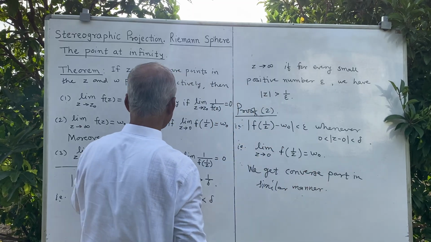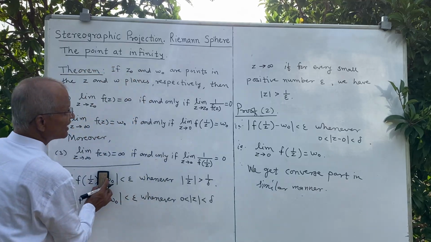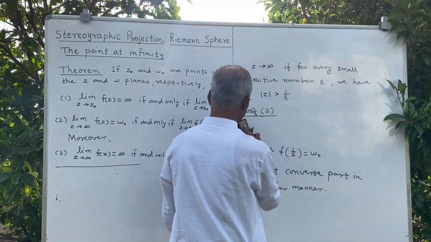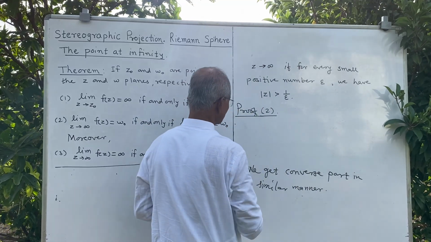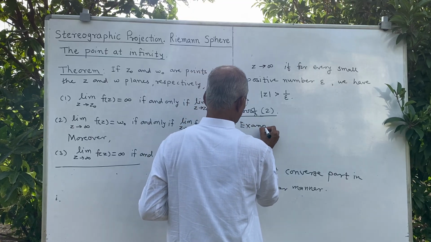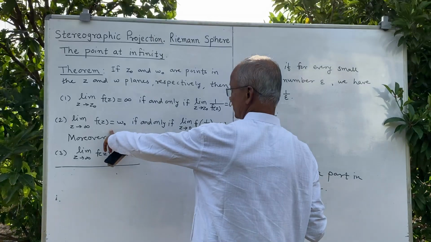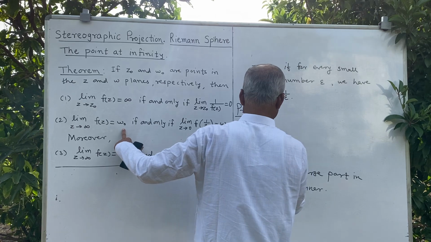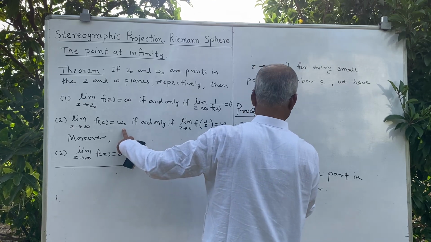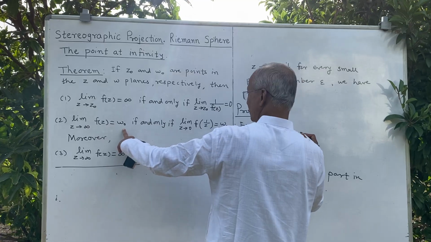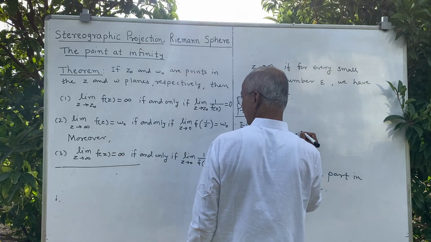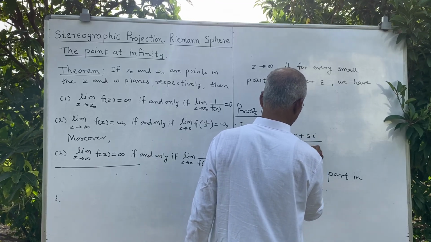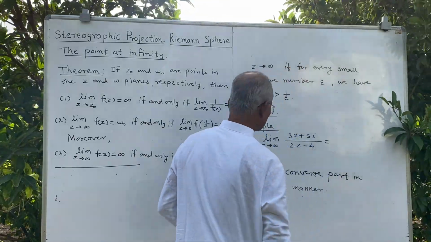And now we will have one example of this second result. Consider an example for the second. The limit as z tends to infinity is w naught, and we will take the limit as z tends to infinity of 3z plus 5i divided by 2z minus 4, and we want to obtain this limit.